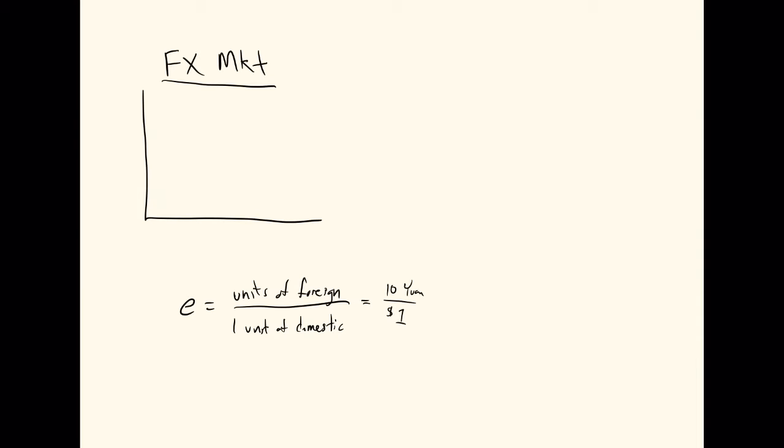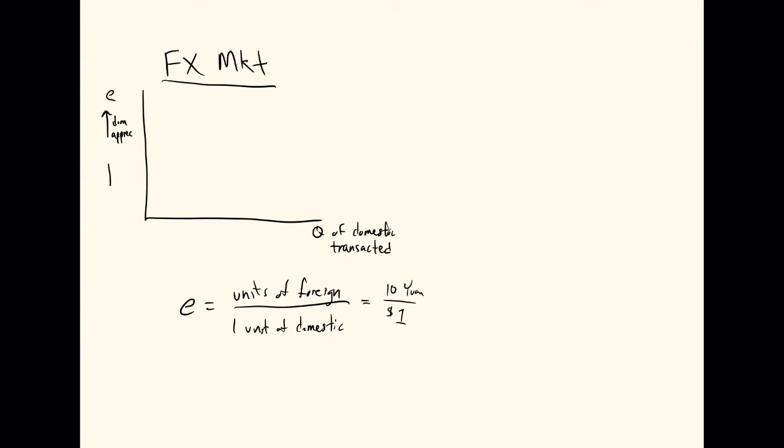In the foreign exchange market, the nominal exchange rate is on the y-axis. On the x-axis, we have quantity of domestic, and I'm just going to leave domestic here, domestic currency transacted. Now, as we move up the y-axis, our domestic currency appreciates.